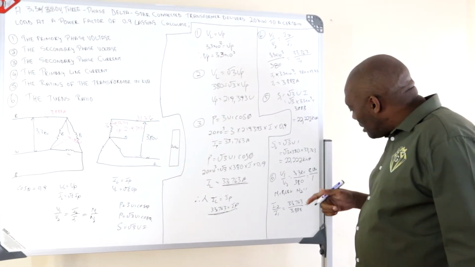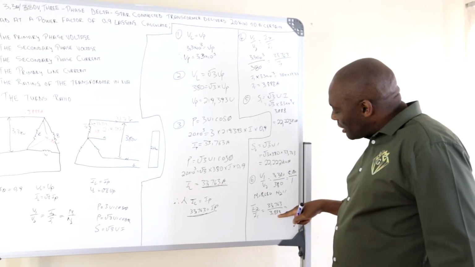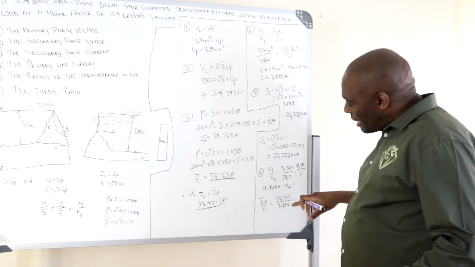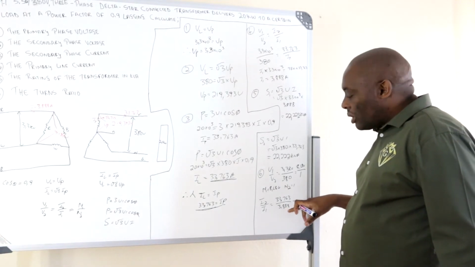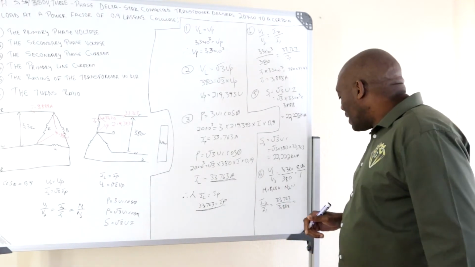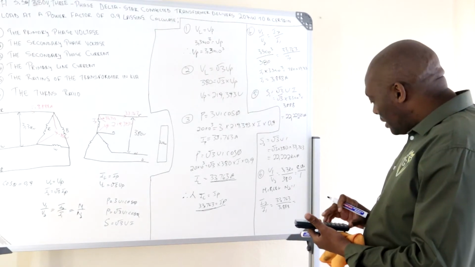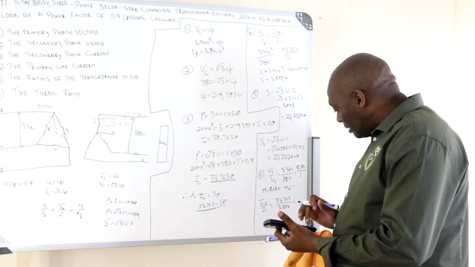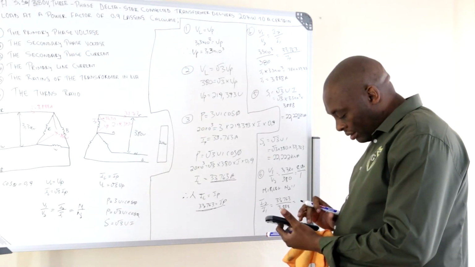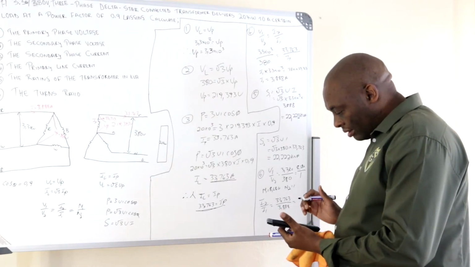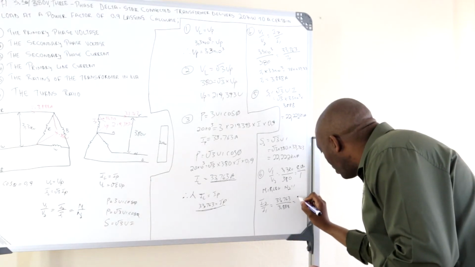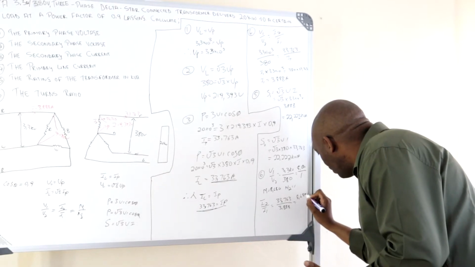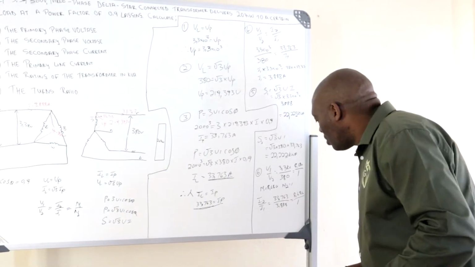Again we do the same thing. How many times does 3.888 go into 33.763, and how many times does 3.888 go into 3.888? Here it goes 8.684 and it goes once.